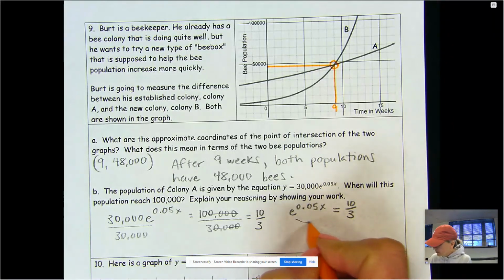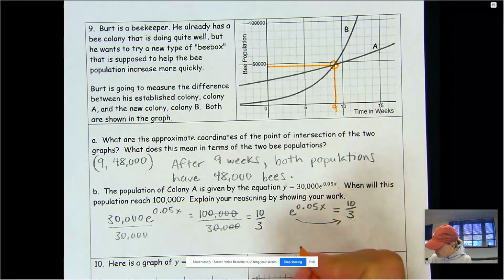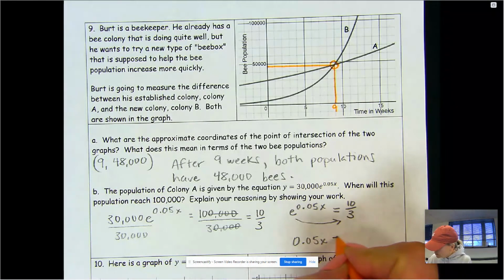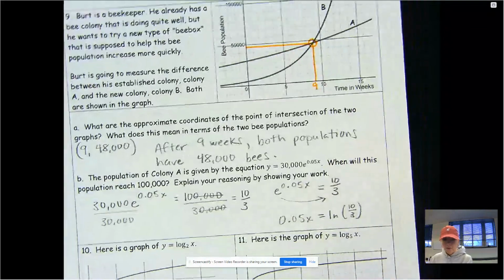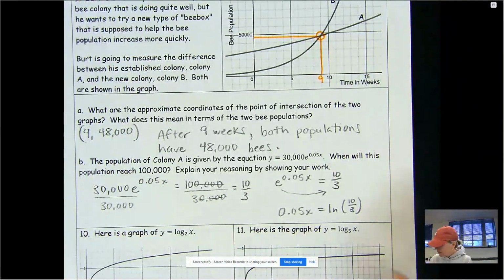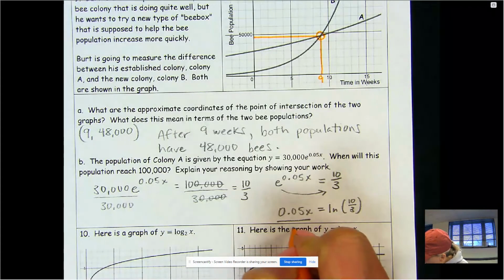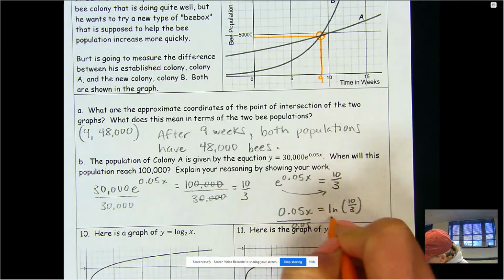And I'm going to get the 0.05x by itself by using the natural log. So 0.05x is equal to the natural log of 10/3. And now I'm going to divide by 0.05 on both sides.